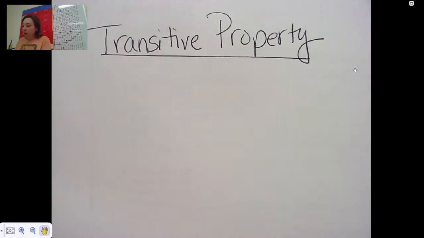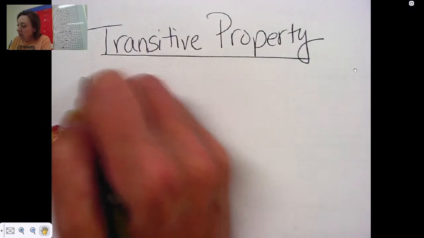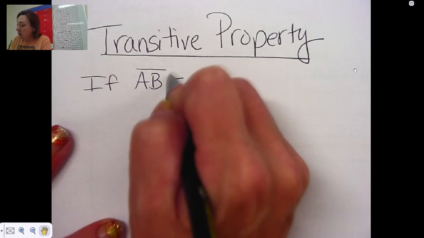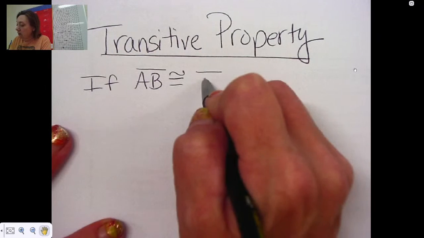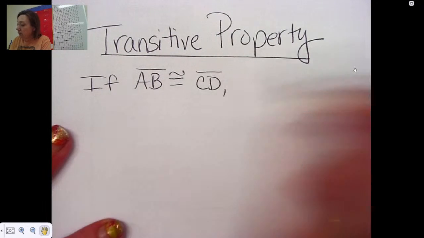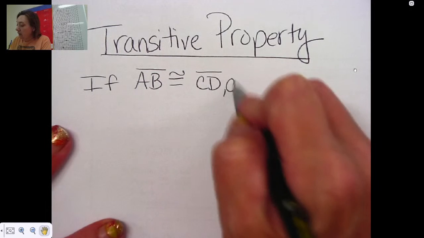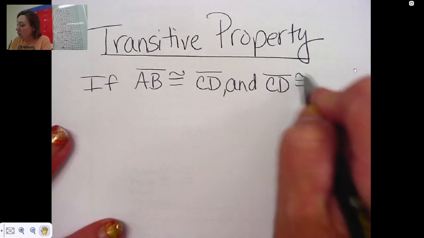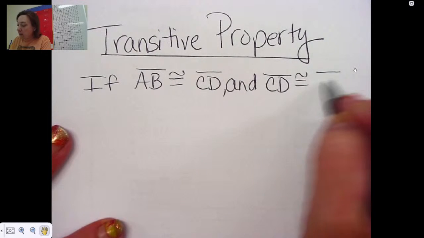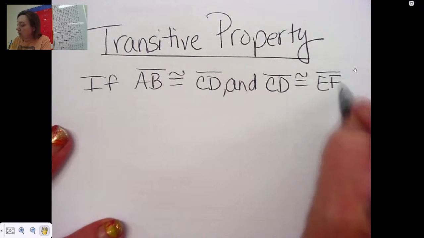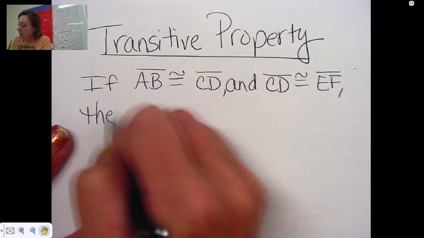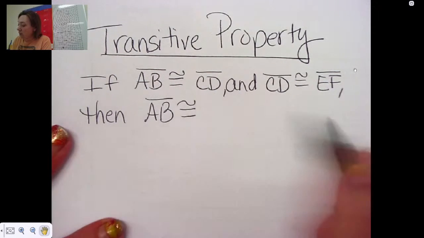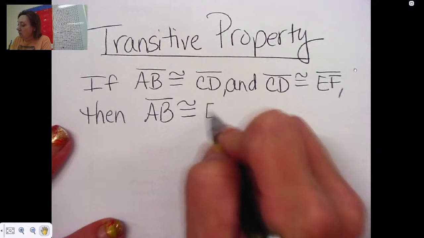So the transitive property says that if segment AB is congruent to segment CD and segment CD is congruent to segment EF, then segment AB is congruent to segment EF.